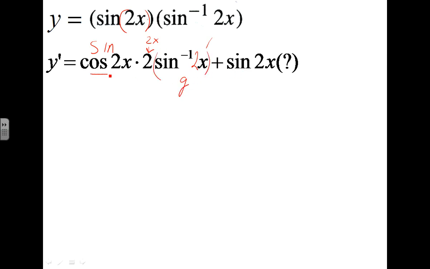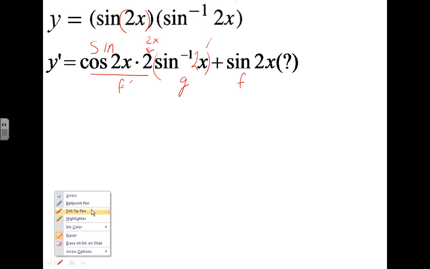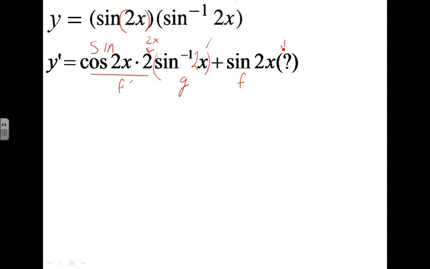Okay, that's g. All this is f prime. This is f. Oh, just f, not f prime. And finally, I have to figure out what is the derivative of the inverse sine of 2x. What is that derivative? And once I do that, I'll be done with the problem. Okay? Yep, scratch work.